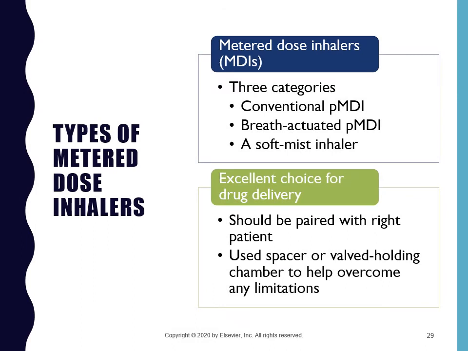So let's talk about the different types of metered dose inhalers that are available. There are 3 categories available: conventional metered dose inhalers, breath-actuated metered dose inhalers, and a soft mist inhaler.